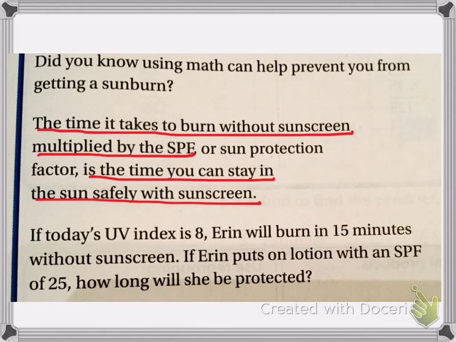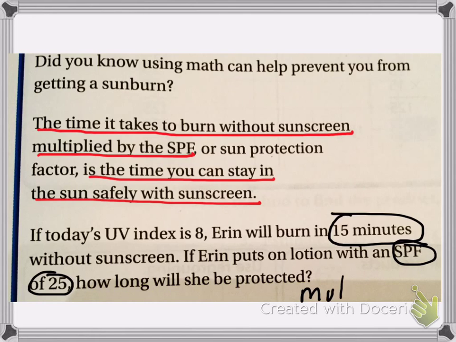Now I want you to think about, what are the numbers that you need to use and what operation will you use? Okay, let's reread. All right, so if you thought that I can use 15 and SPF of 25, you're right. How many of you decided that we could use multiplication? Great job. So we're going to use multiplication.